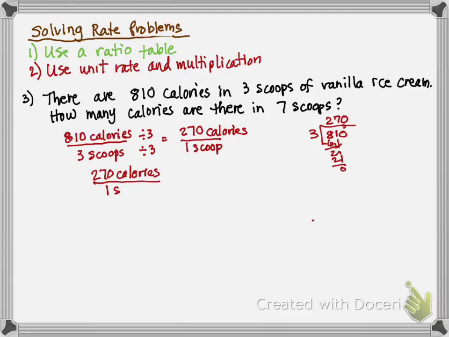All right, so now what I'm going to do is take that 270 calories per 1 scoop, and I'm going to multiply it by the number of scoops. Now, this is kind of like dimensional analysis, right? Actually, I'm going to change that color.